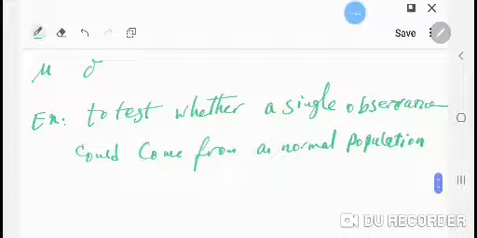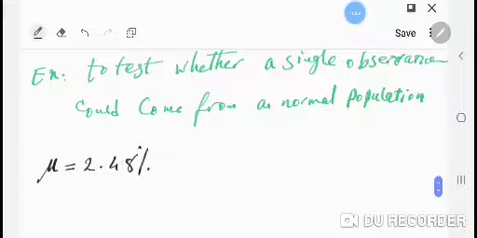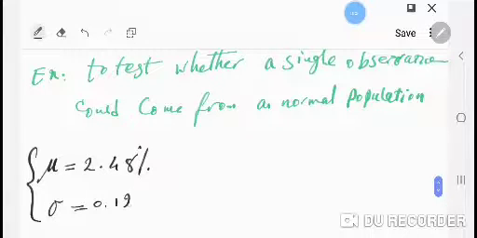Many batches of a product have been made in a chemical plant, and it is known from this long experience that the combined water in the product is distributed normally with mu equal to 2.48%, and the standard deviation of the population sigma is equal to 0.12.